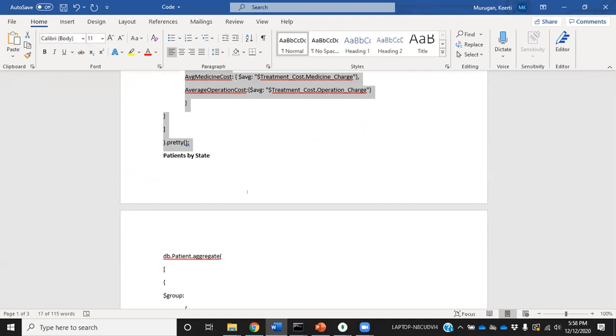We can create all these aggregations using aggregation pipelines as well, but to experience the true capabilities of MapReduce, I think a larger data set would be ideal. Having said that, I think this code will work just as efficiently with a larger data set. Okay, thank you.